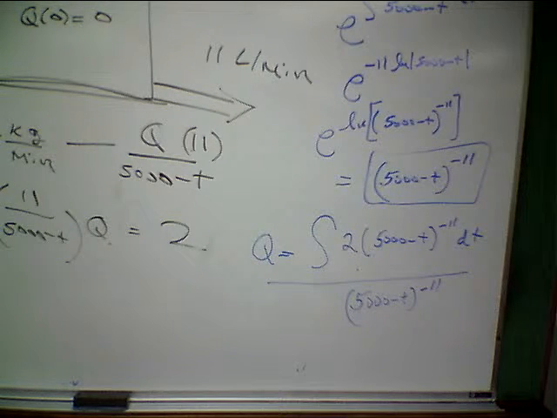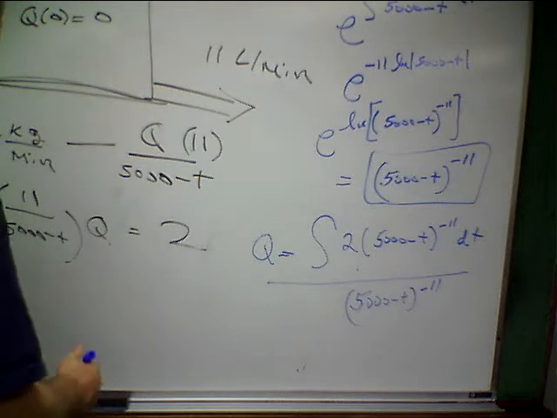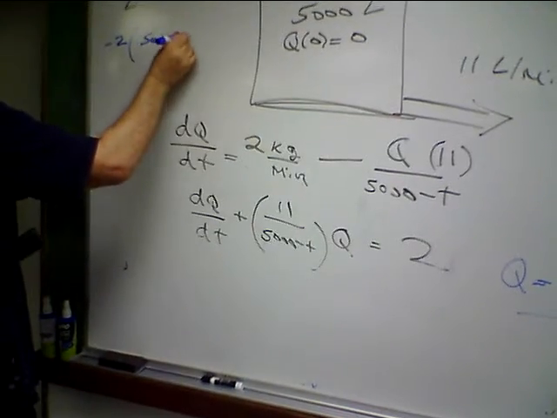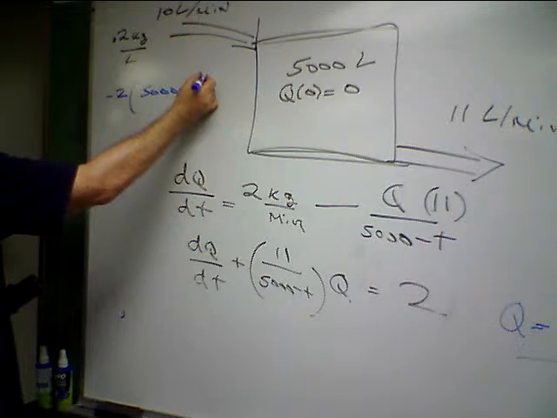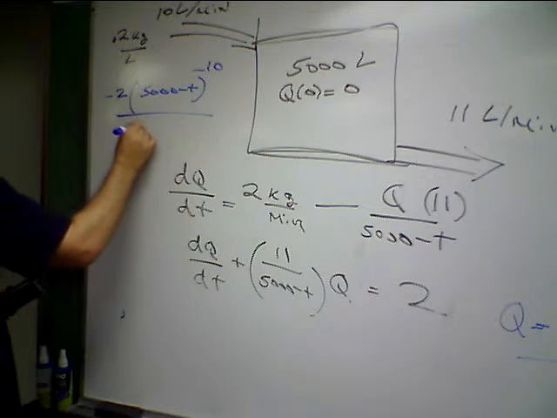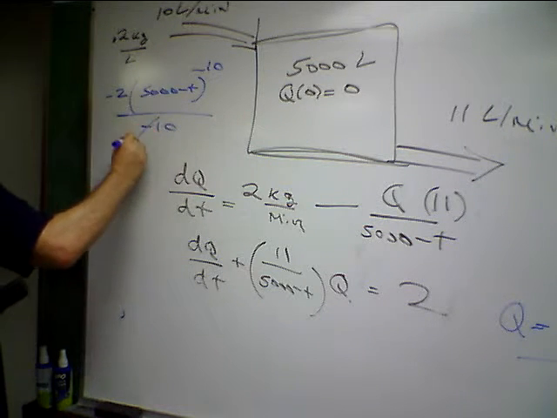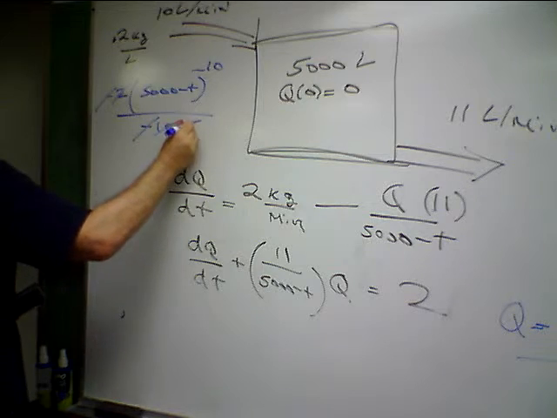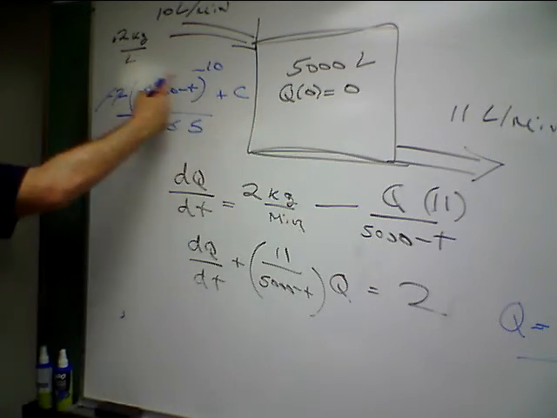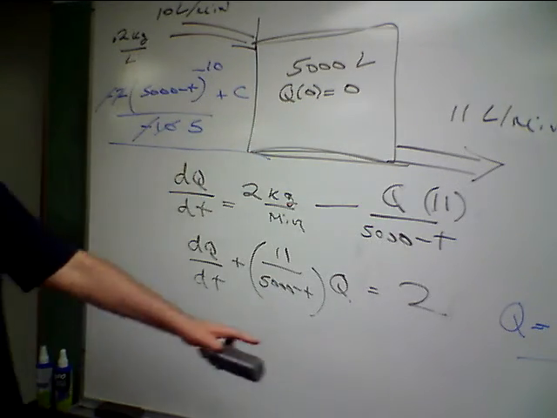Right, there's going to be a negative. So we should be getting minus 2. That's the compensation for the chain rule, and the rest is a power rule. It's going to be 5,000 minus t to the what? To the negative 10 divided by negative 10, and then these will cancel, and that'll become a 5. And then we'll say plus c. So that's the antiderivative, and then we still have to divide by this.